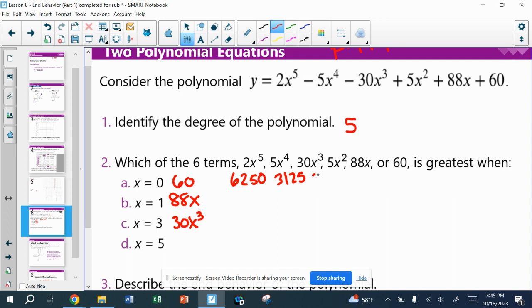That's 3,750. The other ones aren't going to get anywhere close to that. So 2x to the 5th power is the biggest one. That big exponent of 5 working with a larger number like 5 versus 3 or 1, that's what's going to get us that bigger answer.